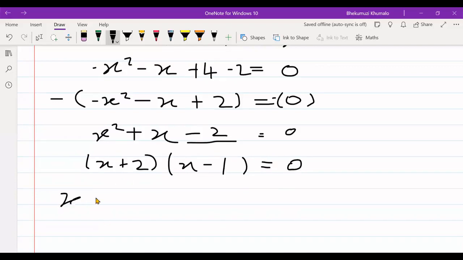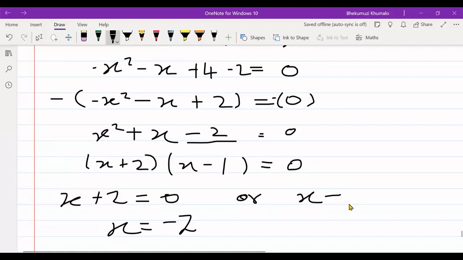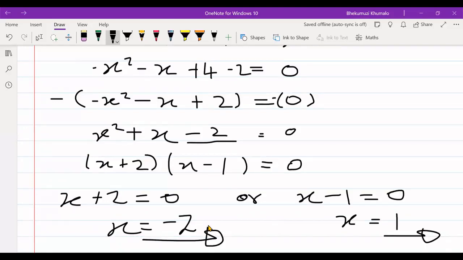So now we have X plus 2 equals 0, that's X equals minus 2, or X minus 1 equals 0, and that's just 1. Now, those are the 2 answers.